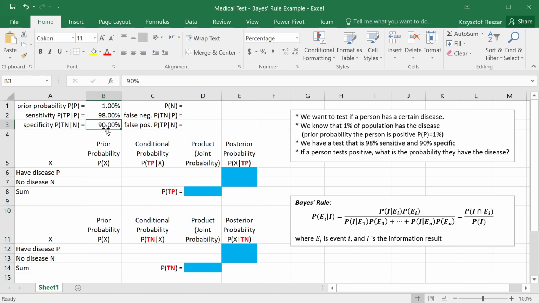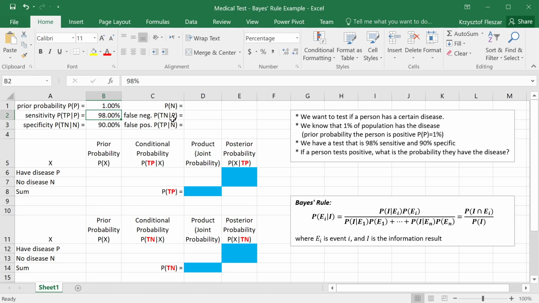So again, if this test was perfect, both of those numbers should be 100%, and then the test would be a kind of perfect information. But this test is not perfect information, and therefore we see that the quality of information that we will get afterwards will not be 100% decisive. So if we have this conditional probability, 98%, we can also calculate the probability that somebody tests negative given that they have the disease.